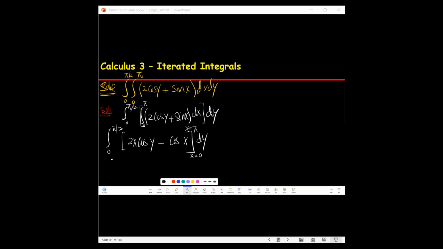Okay, let's apply the values of the limits. So it's going to be 2 pi by 2, this is pi, so 2 pi cos y minus pi, and then minus, this whole thing becomes 0 because the cos x becomes 0, and then minus cos 0. Okay, and then it's a dy.